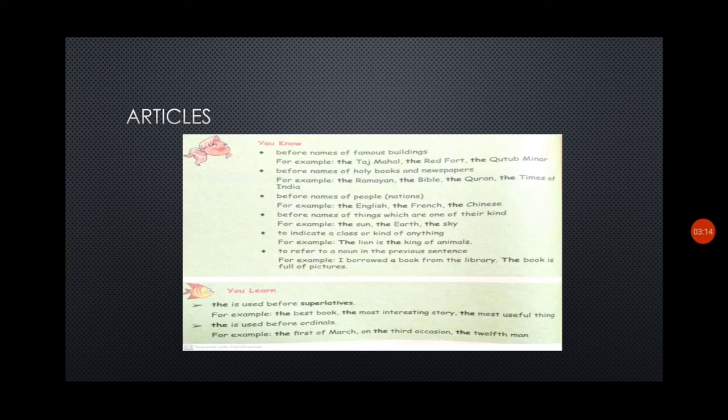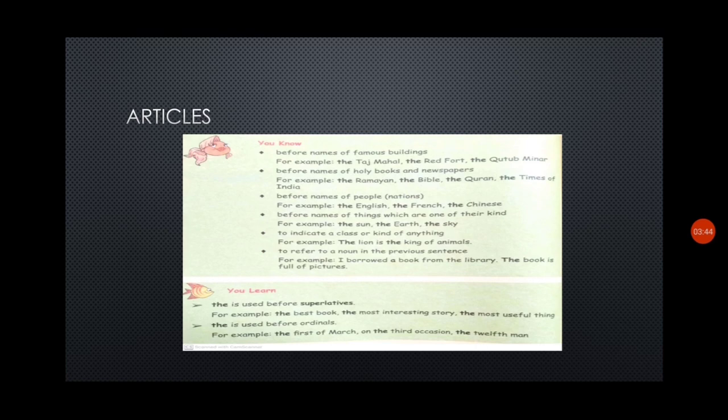Okay, children, in few of the cases we omit these articles. All right, always remember that articles are never used with proper nouns. What are proper nouns? When we talk about names of persons, streets, months, days, languages, etc. Okay, for example, we say Ashoka, Jawaharlal Nehru, Mahatma Gandhi Road, January, Monday, or a language like English.